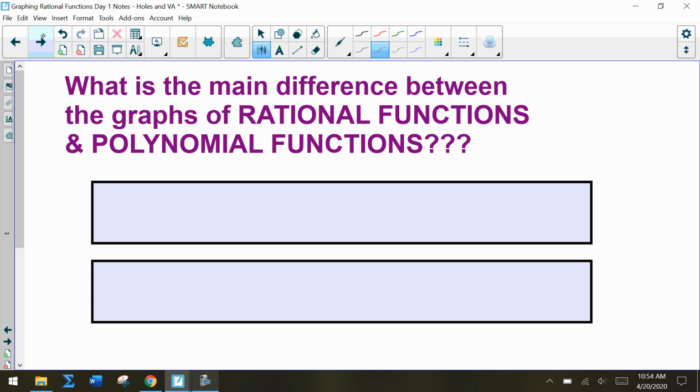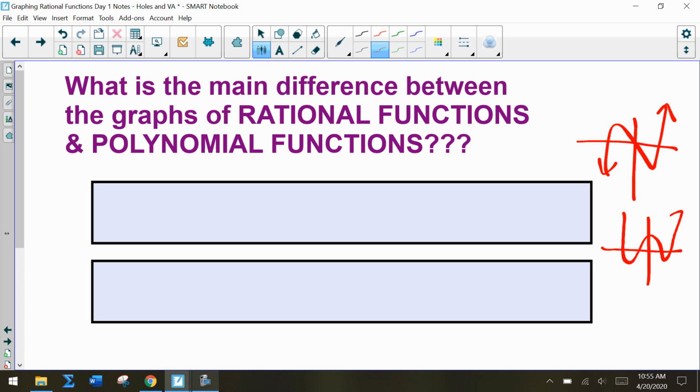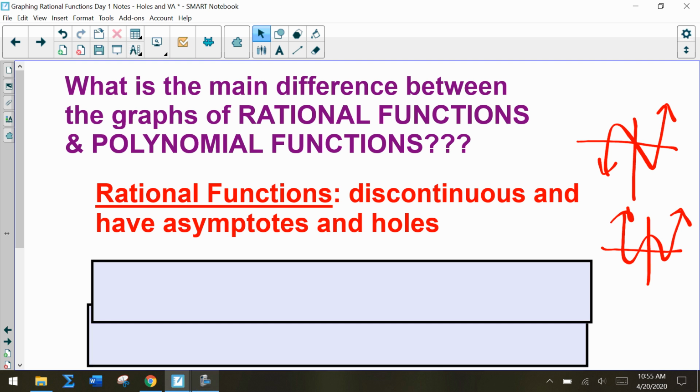So the main difference between graphs of rational functions and polynomial functions: remember our last unit, polynomial functions, we had graphs that looked like this. We had the U. But notice how with polynomial functions, we did not have to pick up our pencil. However, for rational functions, we do have to pick up our pencil.